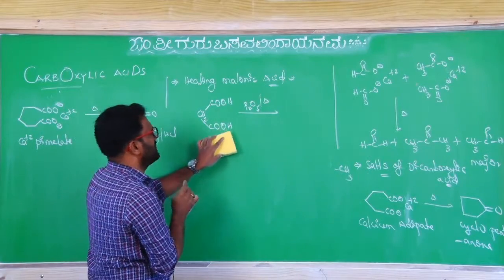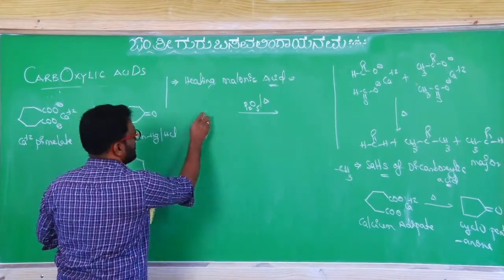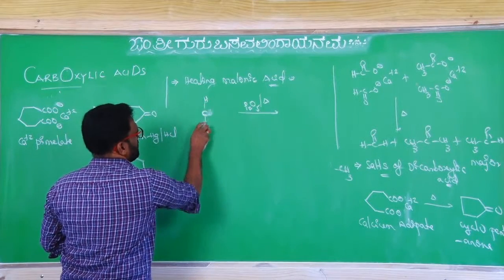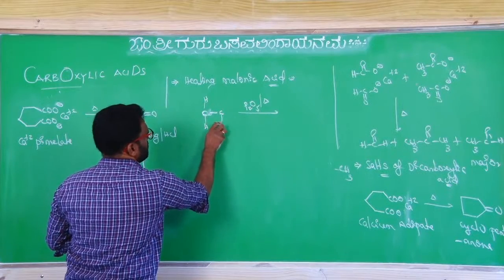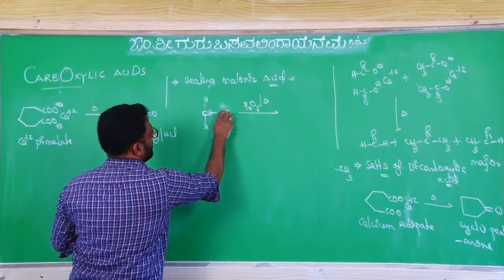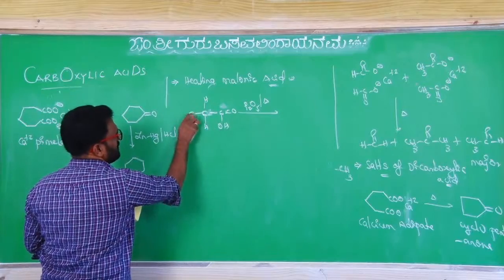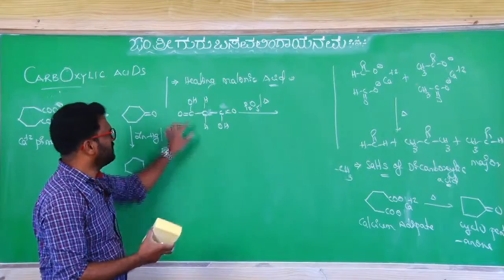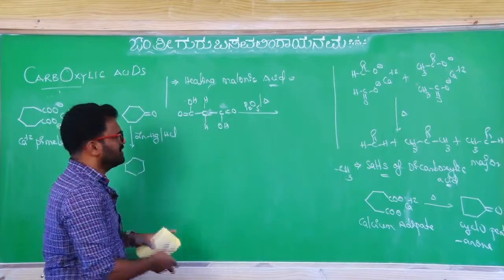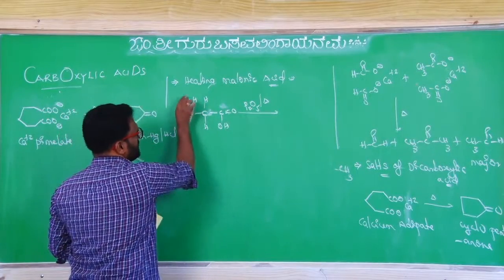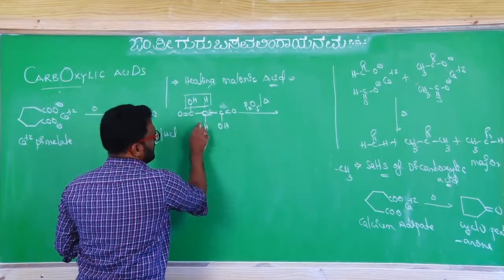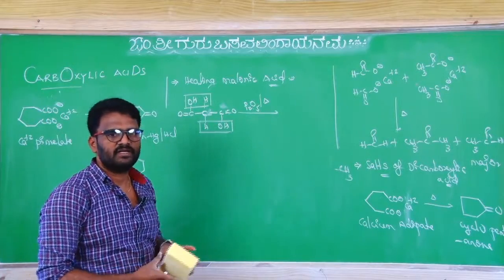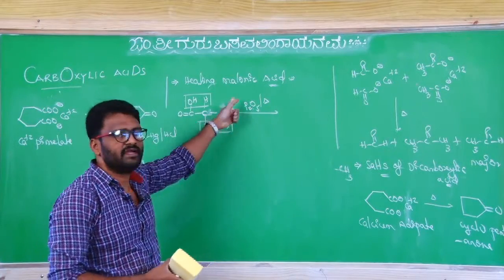Let me write the structure: COOH, CH2, COOH. When treated with phosphorus pentoxide, there will be a loss of water. It is a dehydrating reagent, not a decarboxylating reagent.